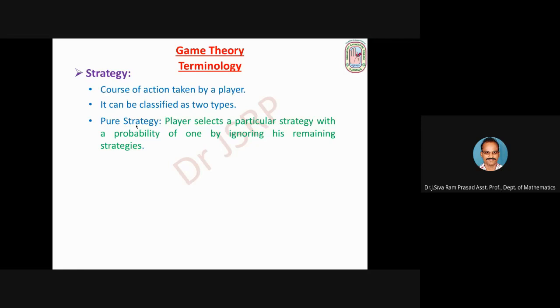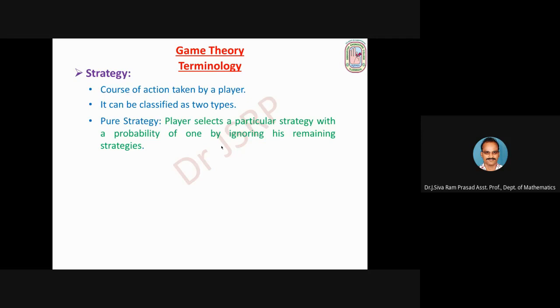The main aim of game theory is to find probabilities of selection of strategies by players. Selecting only one strategy means the probability of selection of that strategy is 1 and the probabilities of the remaining strategies are 0.